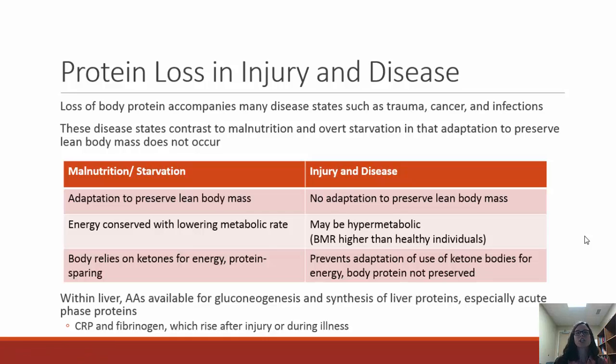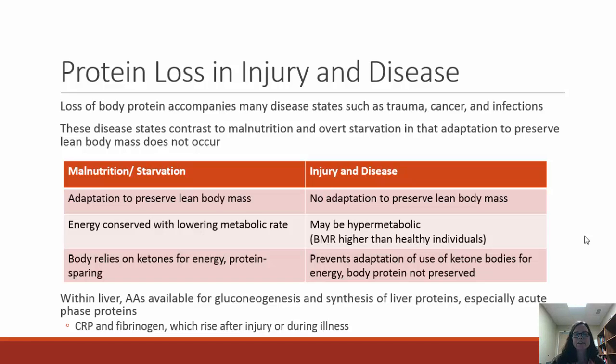Okay, so we just talked about malnutrition, so that's going long periods without any food intake. Now we have a slightly different situation during injury and disease. Okay, so loss of protein accompanies many disease states such as trauma, cancer, or infections.